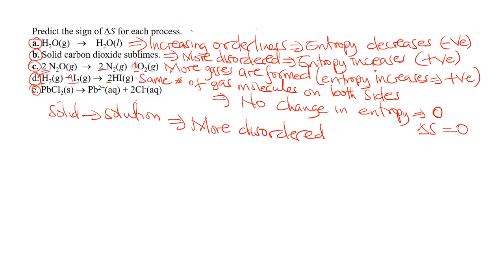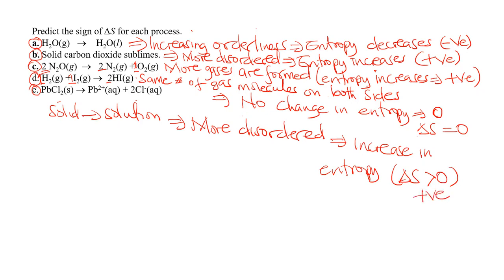So any increase in disorderliness will mean an increase in entropy, which implies delta S is greater than 0, or the sign is positive.